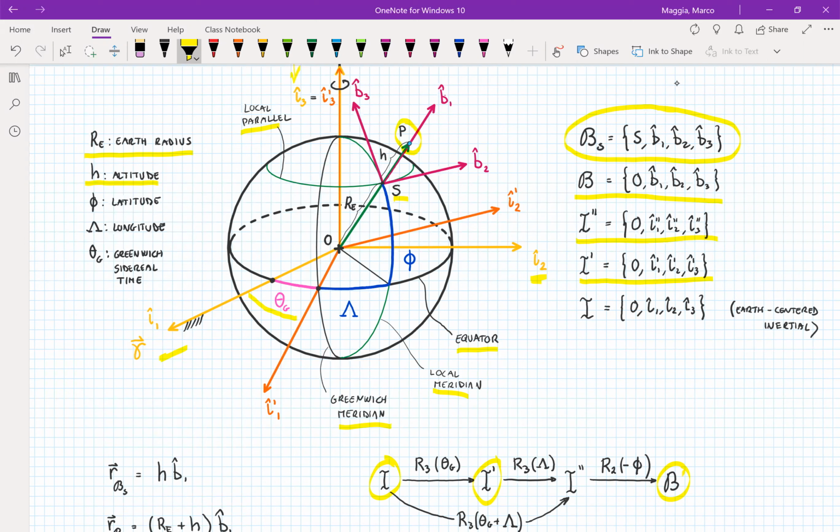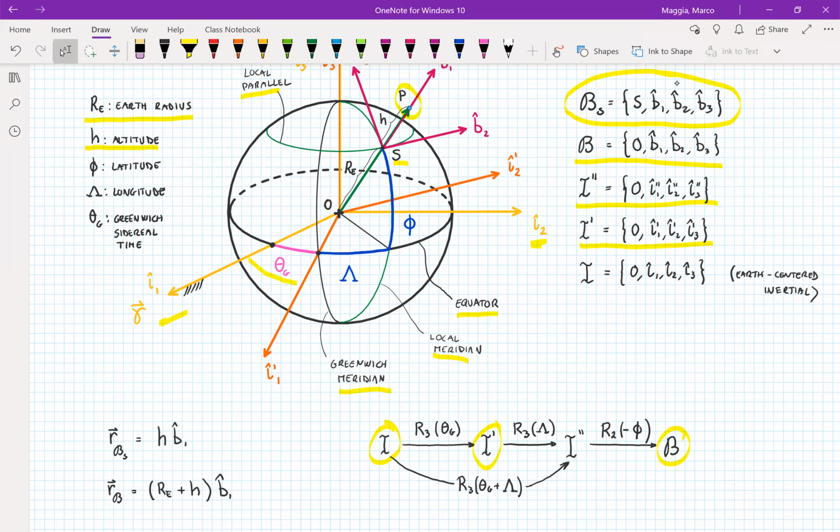The Earth rotates 360 degrees in 24 hours, so you can express an angle in terms of time. That's why it's called sidereal time. So that's the first transformation. The first rotation is about the z-axis of this angle theta g.